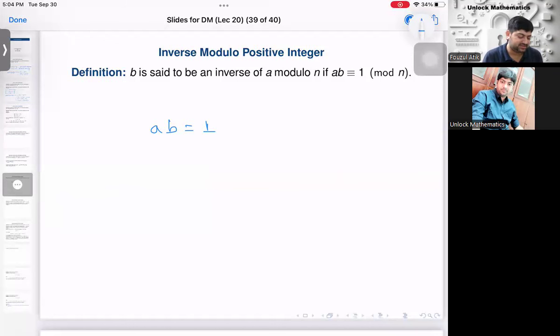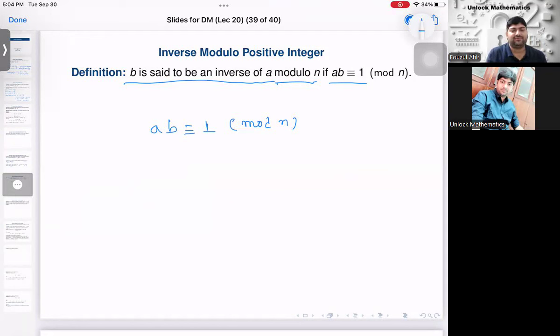It says that b is said to be an inverse of a modulo n if ab is congruent to 1 modulo n. Clear? So this is the definition.